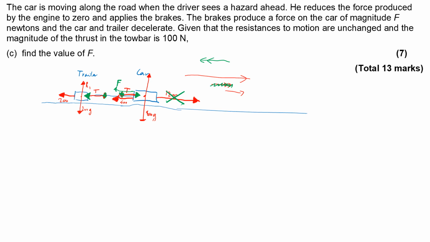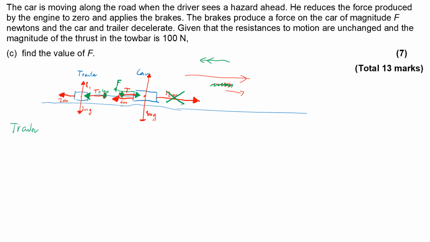So how am I going to find this thrust? Well, we are told that this thrust here is 100. So we're going to need to look at the second law of motion. Do I know what the acceleration is? No, I don't. So I'm going to look at the trailer.